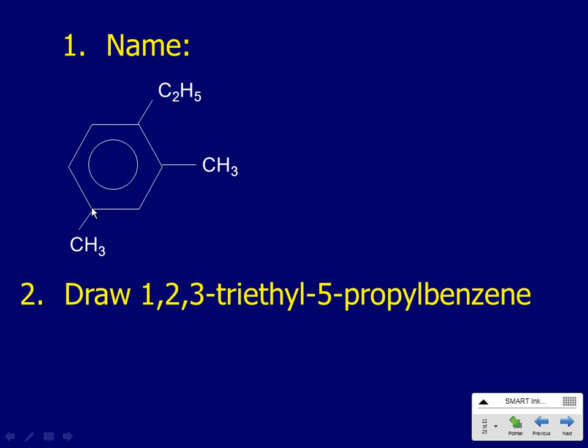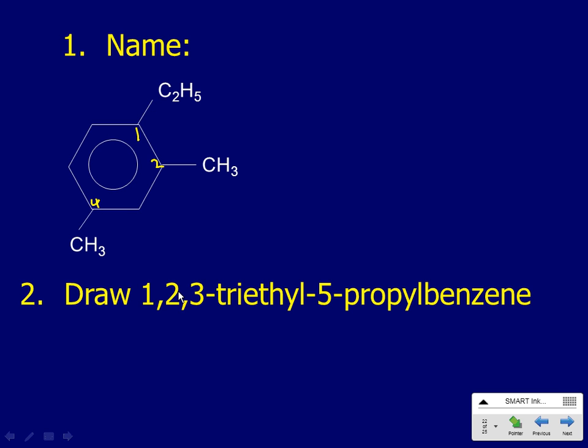You start over here, you got 1, 2, 3, and 4. But if you start here, you got 1 and 2, and then 4, right? If you start over here, you got 1 and 2, and then 5. So you've got to start at this position to get 1 and 2 as your branches, and 4 as your branch. It gives you the lowest numbers.